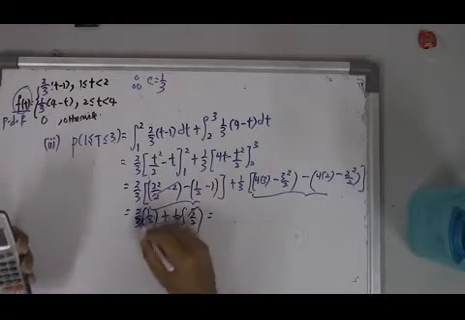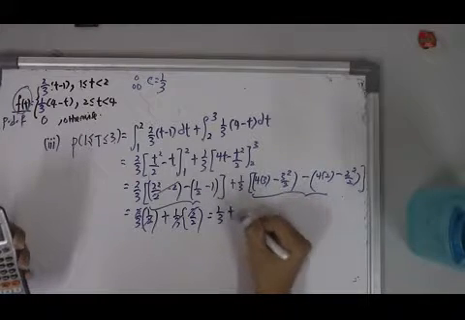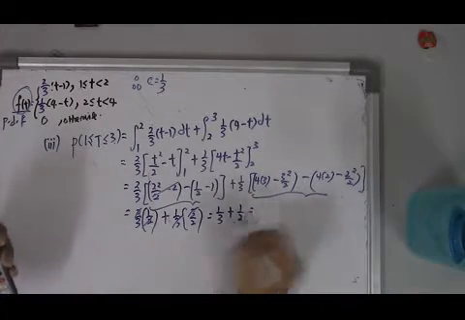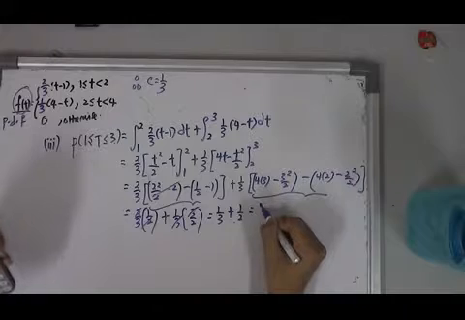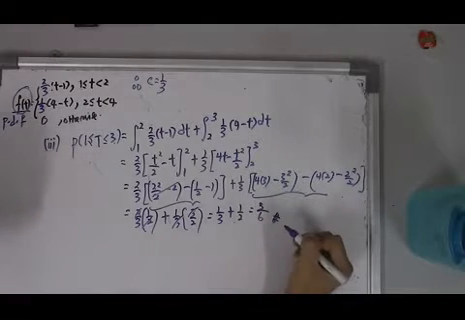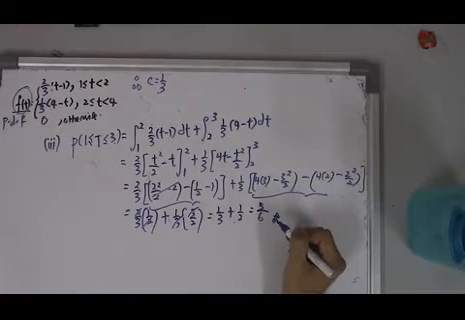So cancel, this will be 1 over 3 plus 1 over 2, which gives you 5 over 6. This is the answer for part 3.